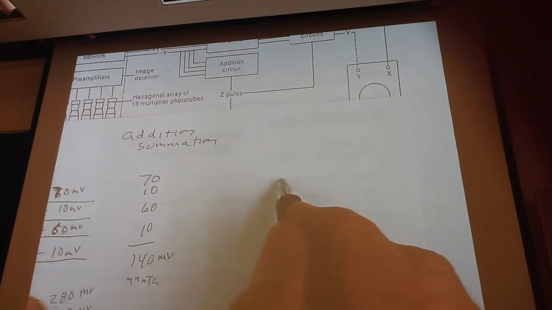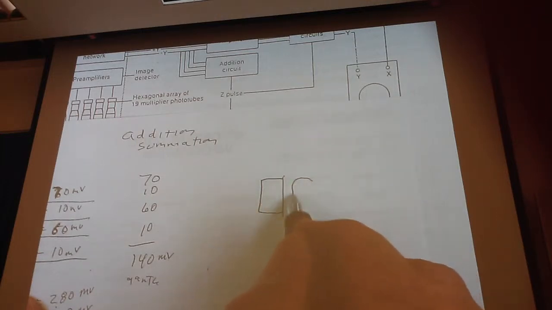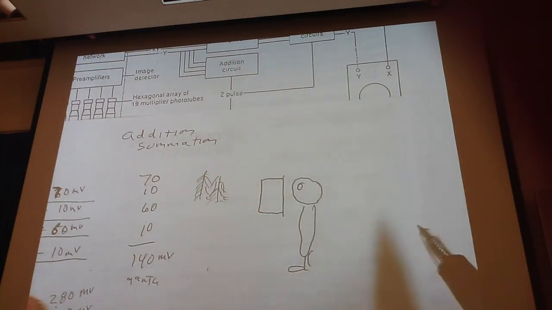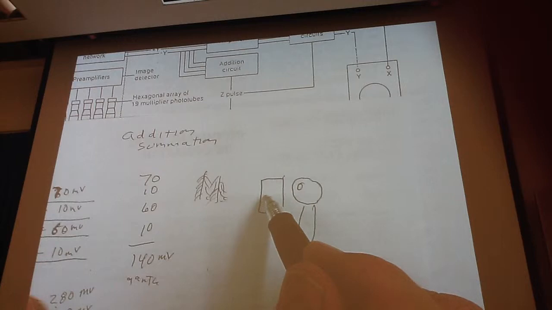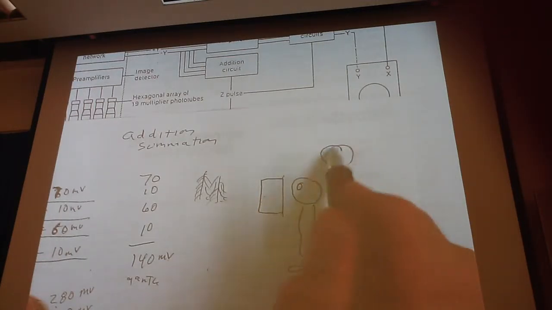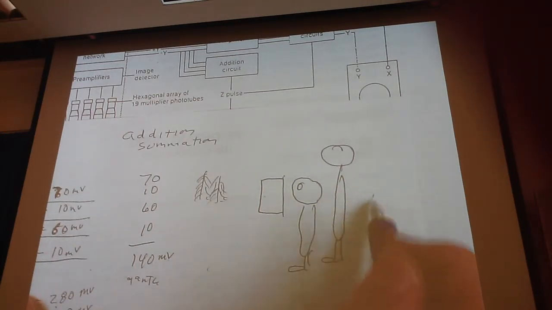Imagine that you have a window that's this big, and if it's at the correct height, you can look through it and see that beautiful tree out there where you would rather be right now than sitting in class. But what if you were too tall? Or what if you were too short?